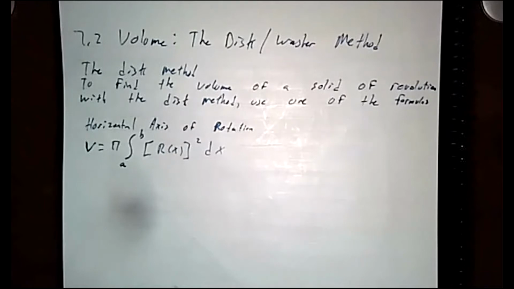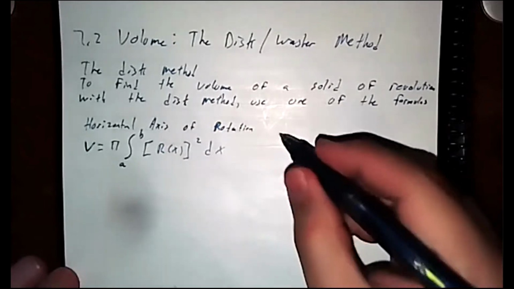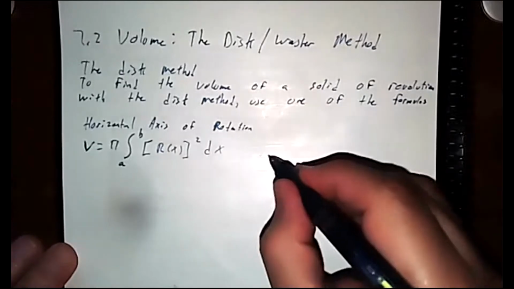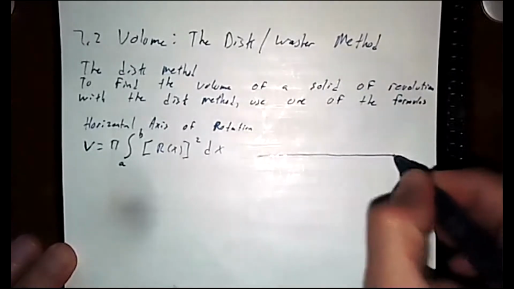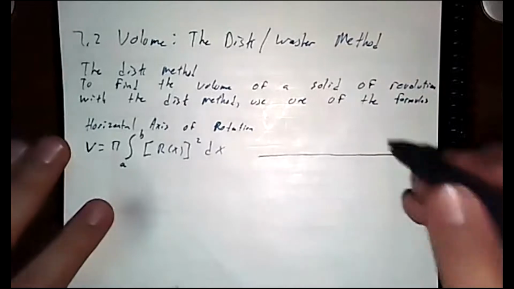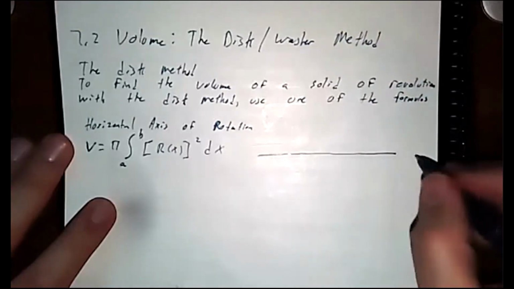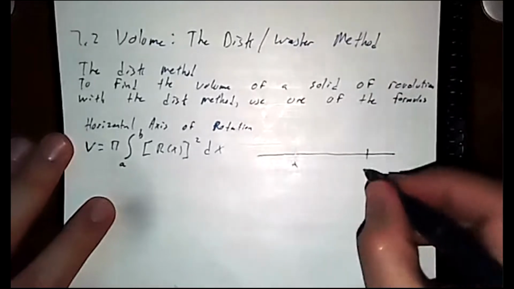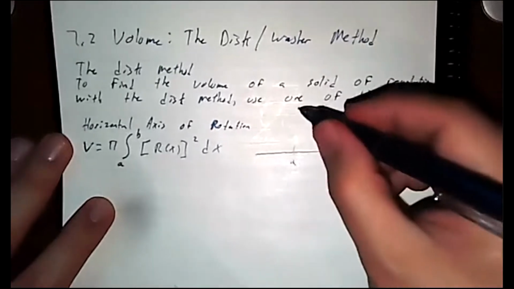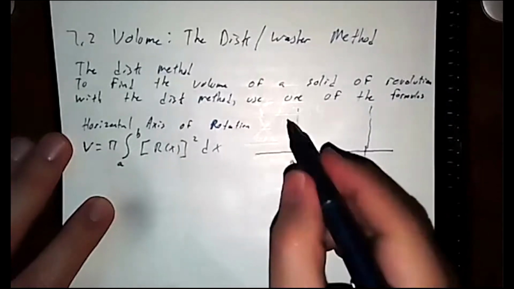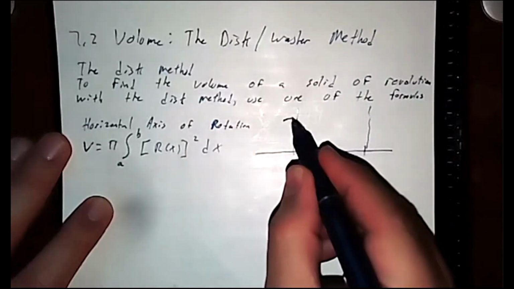So basically picture, let me see if I can draw you a picture here. Say this is your x-axis here. And you have some region from A to B, some function, whatever.